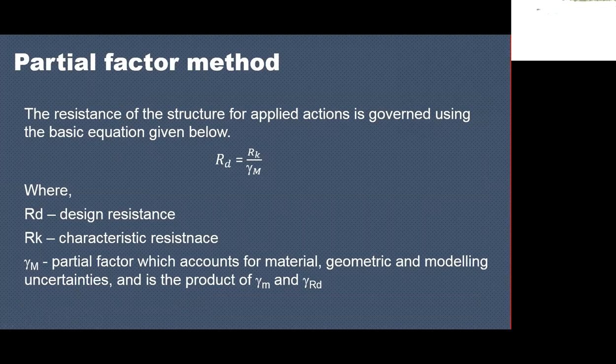If your characteristic resistance is Rk, then your design resistance is Rk over gamma m. Gamma m is a partial factor which accounts for material, geometric, and modeling uncertainties, and is a product of gamma m and gamma Rd.